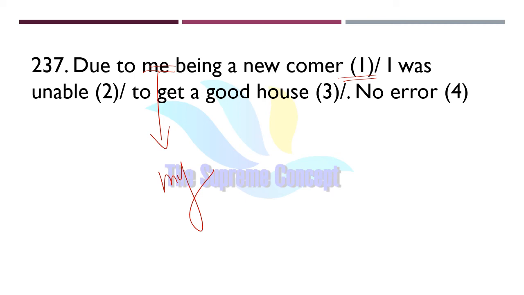Here a possessive pronoun is used before the gerund, so we will use my here. Possessive forms are like possessive adjectives: my, our, your, his, her. These are possessive adjectives, so this will be placed before a gerund.